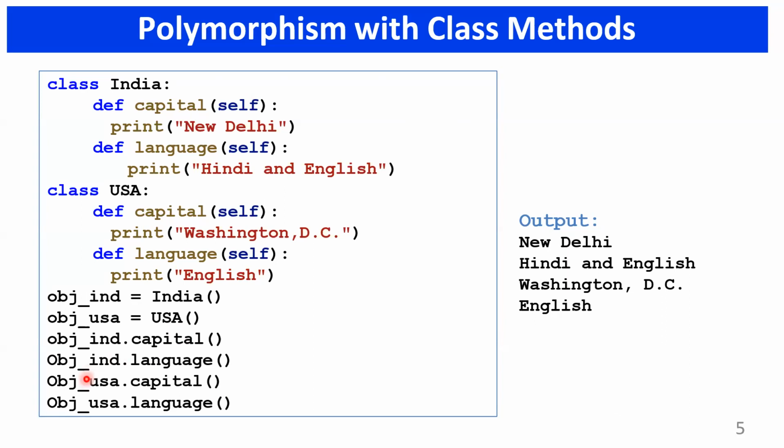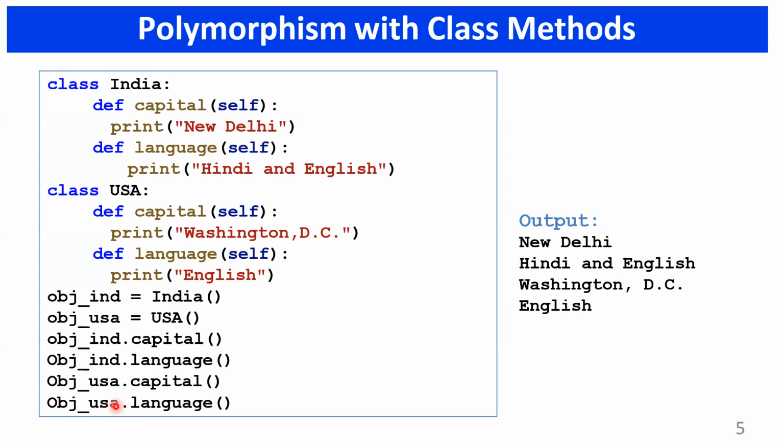And similarly, obj_USA dot capital is going to invoke the capital method which is defined in the USA class. That is why we have New Delhi and Washington DC. And similarly, obj_int dot language is going to invoke the method which is defined in the India class, because obj_int is an object of India class.